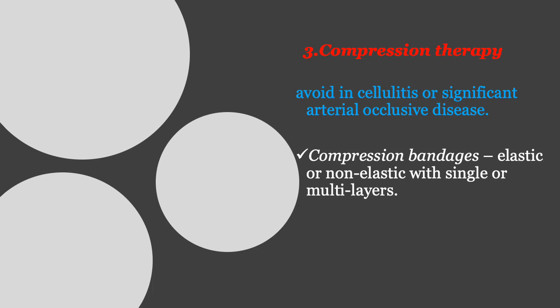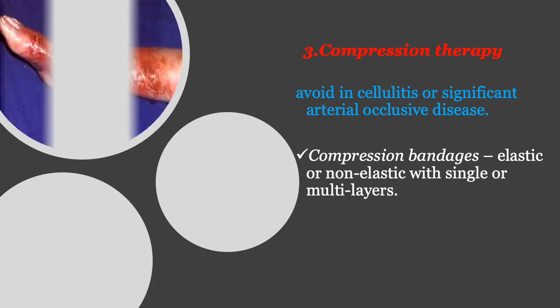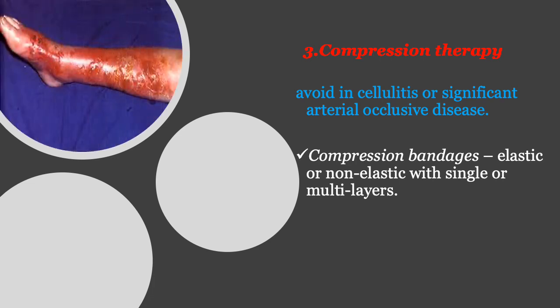But compression therapy should be avoided when there is cellulitis or significant arterial occlusive disease. If the patient with CVI has severe cellulitis and inflammation, or he has peripheral arterial disease in association with CVI, compression therapy is contraindicated.